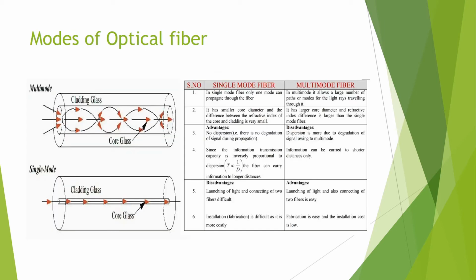When we talk about optical fiber, basically there are two types of modes: one is single mode and second is multi-mode. Fiber cables can also be classified as per their modes. Light rays propagate as an electromagnetic wave along the fiber.